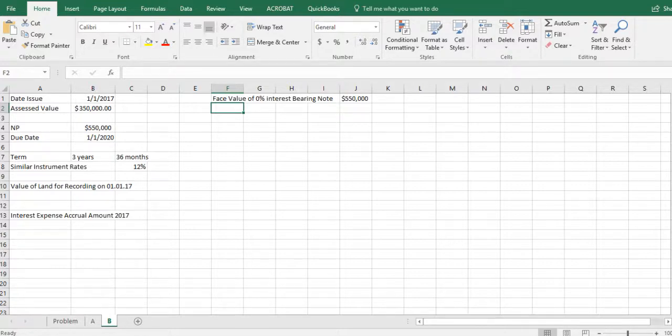So we need to determine what the discount factor is going to be at 12% for 3 years. I go to the present value of 1, so this is one single amount, 12%, 3 years, and that is 0.71178. So this is our discount factor, 3 years, 12%.